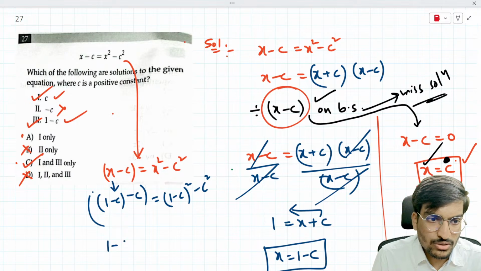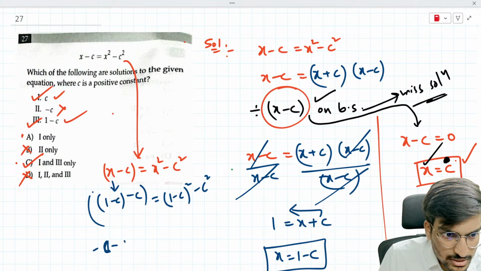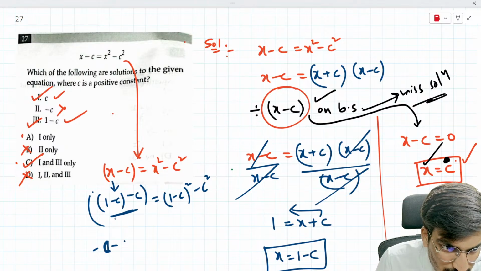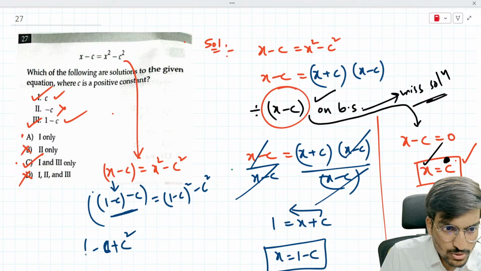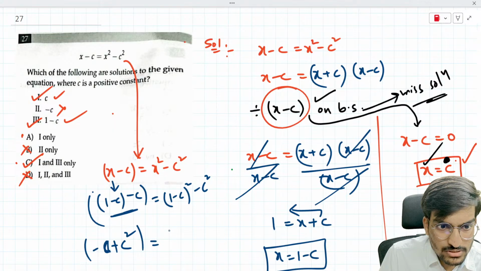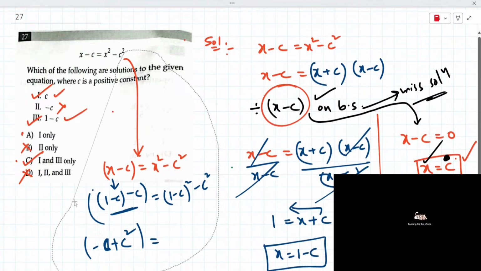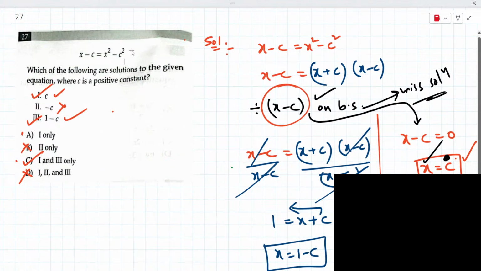So 1 minus c minus c will be negative c. And what do you get here? Negative c and negative c square, positive c square. So you apply the a minus b whole square, and at the end you end up with the same thing. So just check this by substitution. Fine. You get that the third one we substituted is a solution for that.